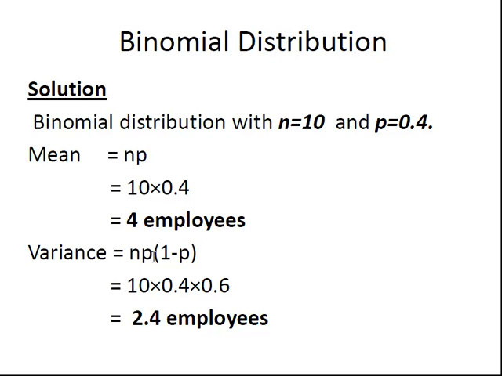The binomial variance is np times 1 minus p, so that's 10 times 0.4 times 0.6, and that would be 2.4 employees, which is actually a strange thing. Correctly it's 2.4 employees squared, which is a very hard thing to fathom. That is how we would specify the answer properly.